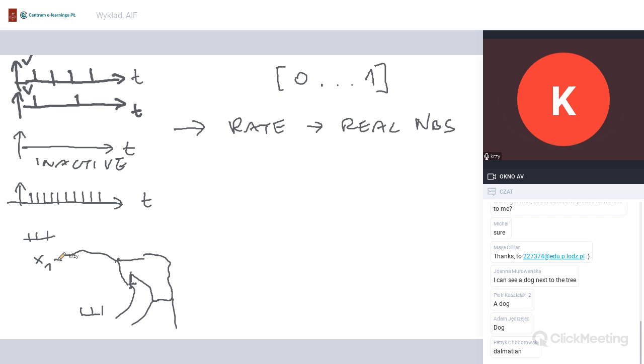Let's say at this particular time instance this neuron gets 0.5, input number 2 is 0.3, and maybe this neuron here is inactive, so x3 equals 0. And it will produce some value of y.